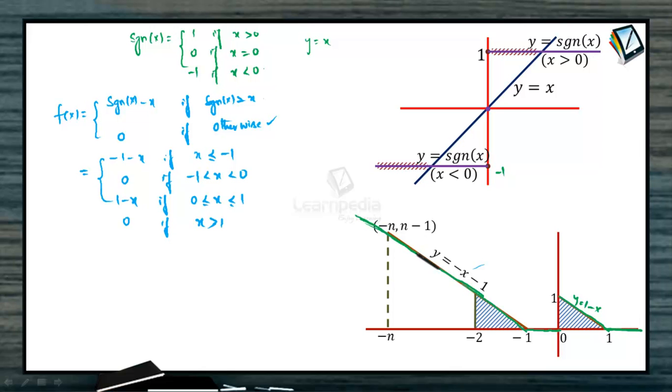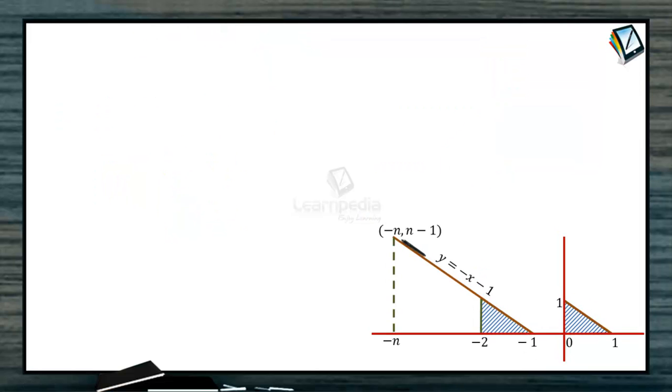So this green shaded region would give us the graph of y equal to f of x. Now let's analyze what regions are required. As we have just identified, this region is the required region.